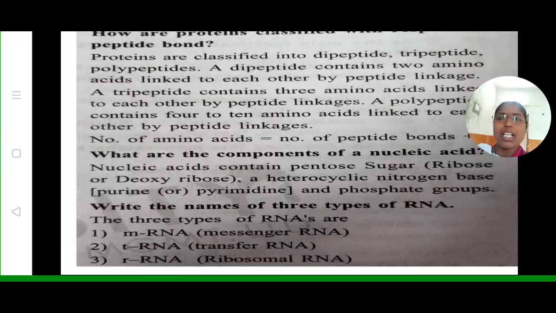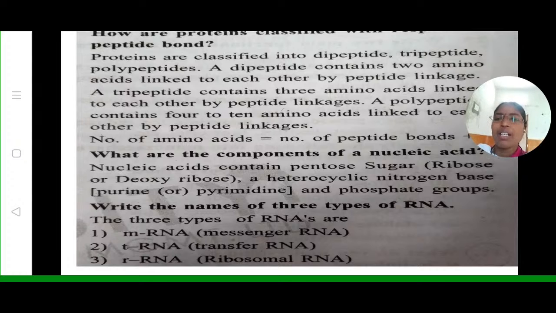Again I repeat: nucleic acid contains 3 components, first pentose sugar, second nitrogenous bases, third phosphate esters.